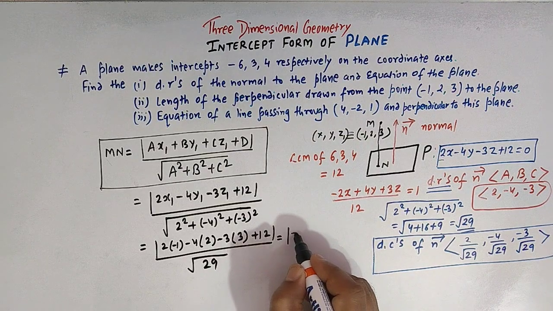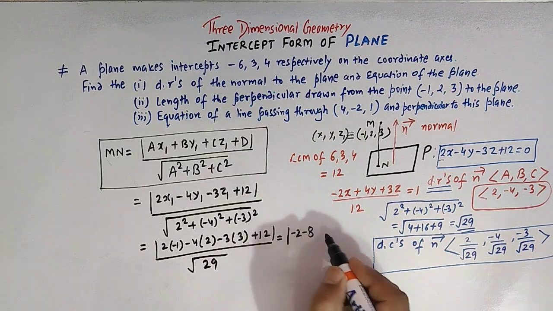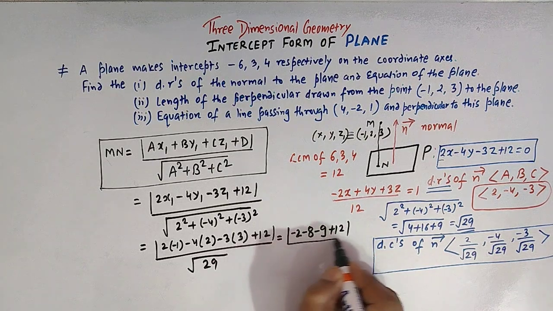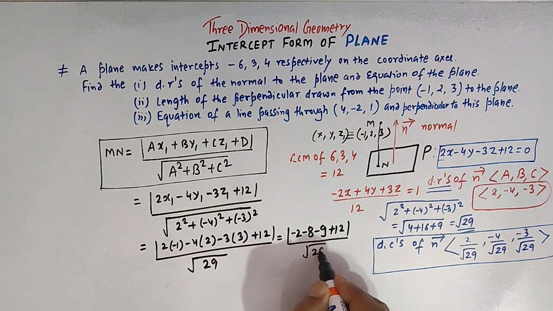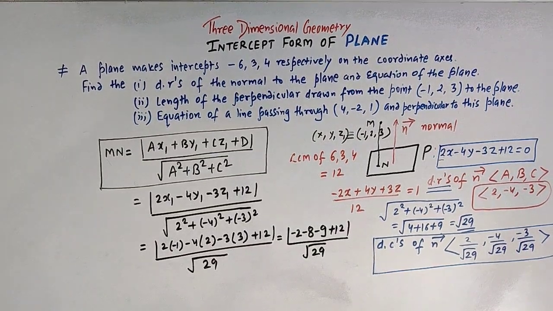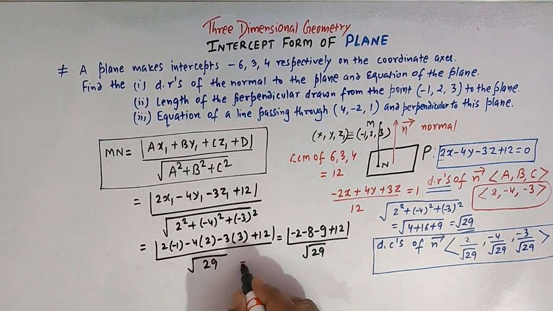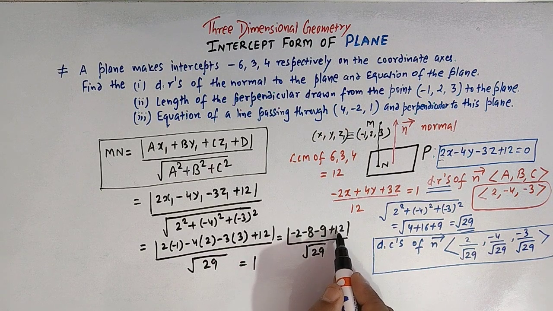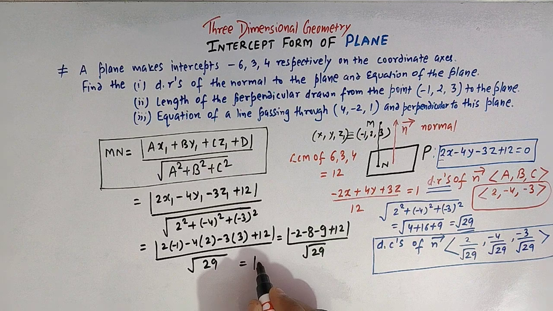So this is the minus 2, minus 8, minus 9 plus 12 divided by square root of 29. So we have here mod of this is minus 19 plus 12. So this is minus 7, right? Divided by square root of 29.